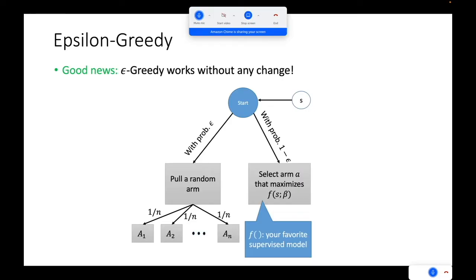So just like in the multi-arm setup, we have an explore step which remains unchanged. In the exploit part, we now have a model which takes in the context information and determines the arm that maximizes the objective, right? And it can be any supervised model of our choice.